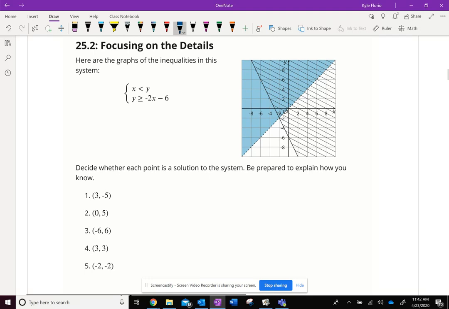The inequality x is less than y is this dashed line here on the side, and all the points in this blue region are all the times where x is less than y. The inequality y is greater than or equal to negative 2x minus 6 is the one that has a negative slope.